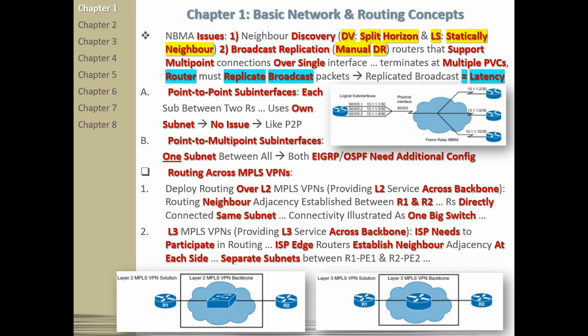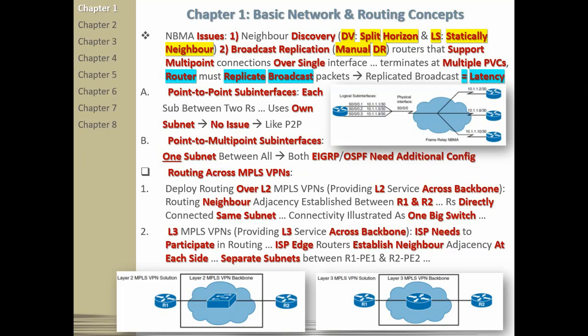So if we consider the ISP cloud in the middle, and inside this box we have two ISP edge routers, let's say provider edge 1 and provider edge 2, then R1 and PE1, and R2 and PE2, need to form neighbor adjacency as well, and the ISP needs to participate in routing. R1-PE1 is on a different subnet than R2-PE2, so there are separate subnets between R1-PE1 and R2-PE2.